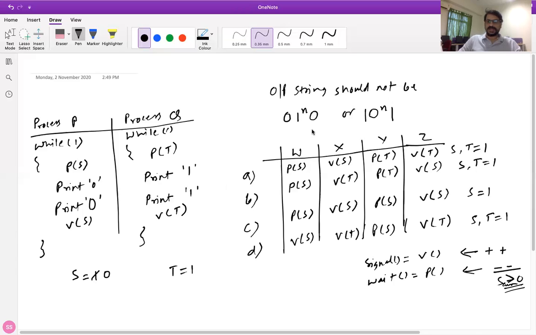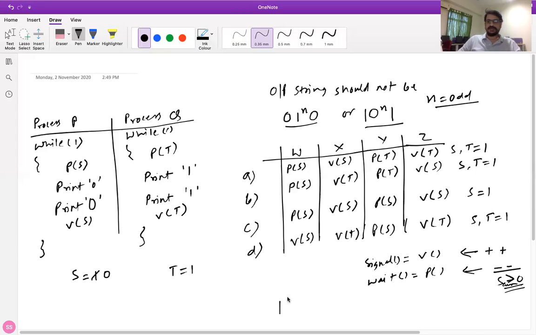Okay, before that, let's see what it wants. It wants that this pattern should not be there. So let's try to find out whether this pattern is there or not. If you want to write the smallest pattern of this, the n value should be odd.